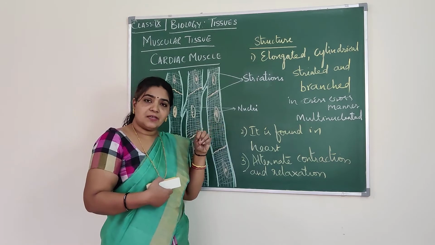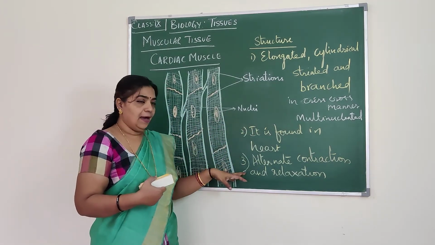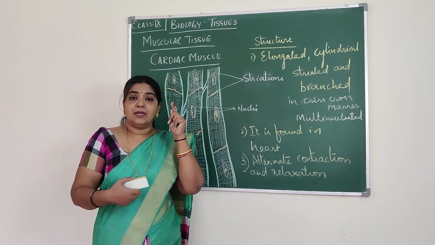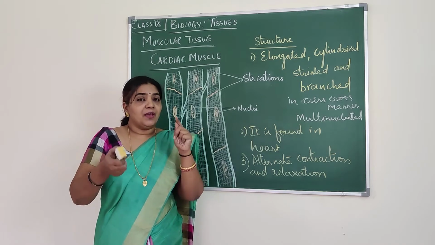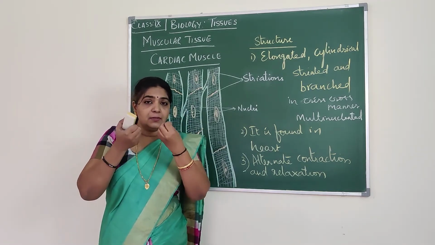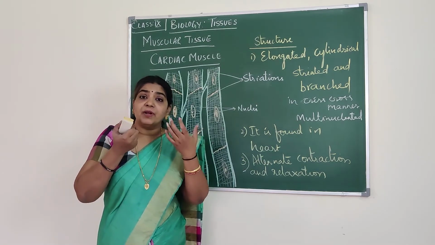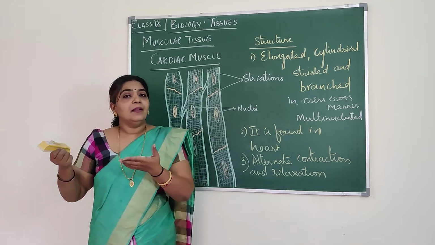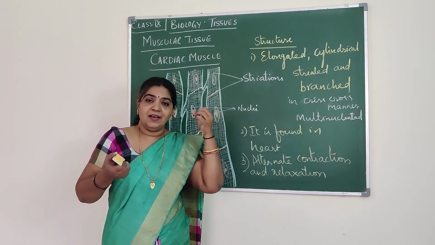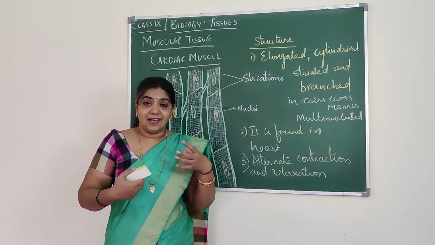It works throughout our life, from the time it is formed, when the baby is formed in the mother's womb, till our death. It constantly moves. It is the cardiac muscle which is responsible for keeping us alive.